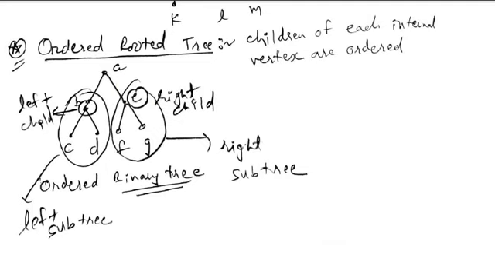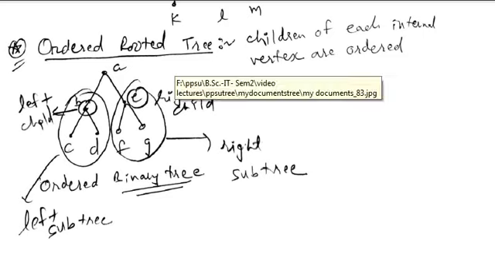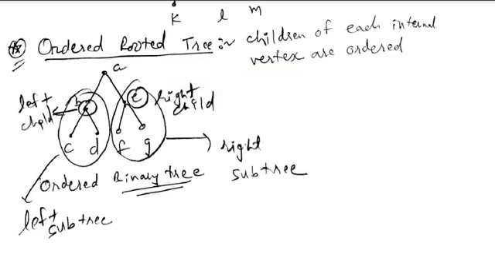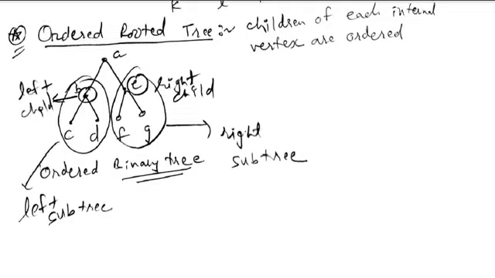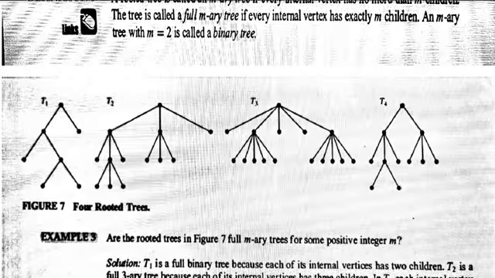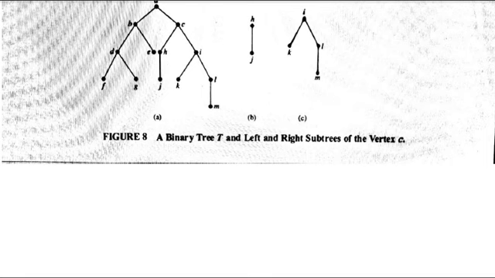If I call B the left child and E the right child, then the tree is called an ordered rooted tree, and the subtree with the left child is called the left subtree, and the subtree with the right child is called the right subtree.